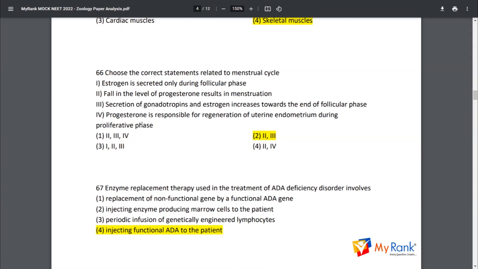Progesterone is found during luteal stages. So, it is an incorrect statement. Now, what are the correct statements? Statement 2 and statement 3. So, where are 2 and 3? In option B.